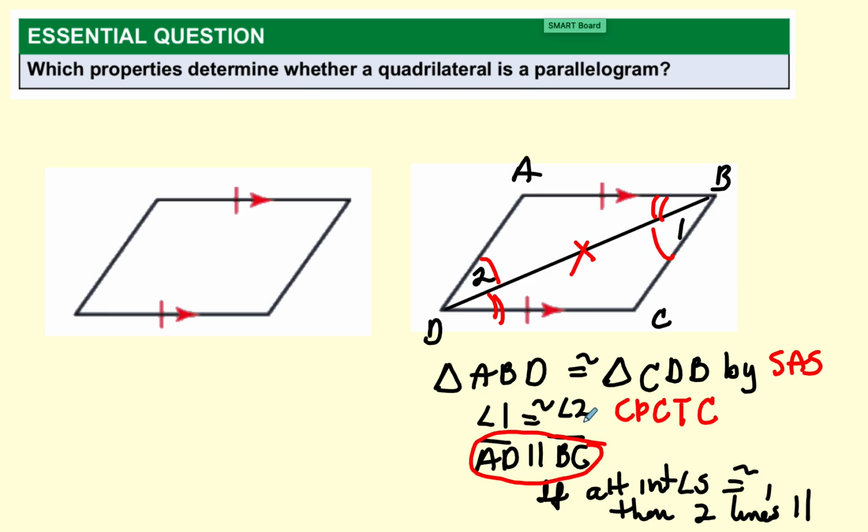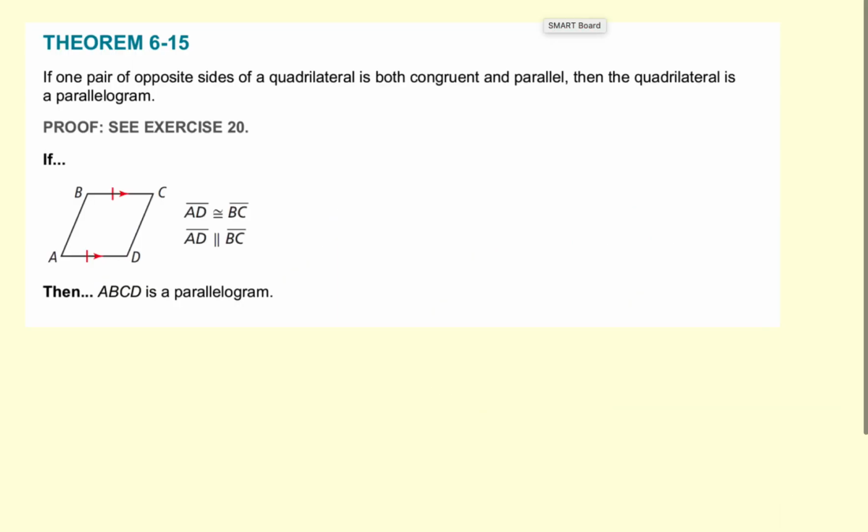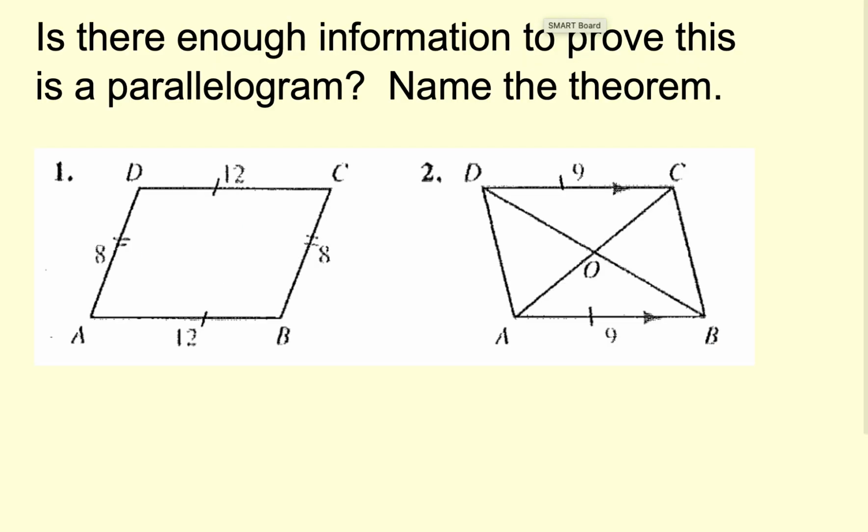That's what parallel means. Both sides are parallel. So indeed, this is enough to say the quad will be a parallelogram. And that's our next theorem. In our next theorem, if one pair, not both pairs, but if one pair are both congruent and parallel, then we can say the quad is a parallelogram.